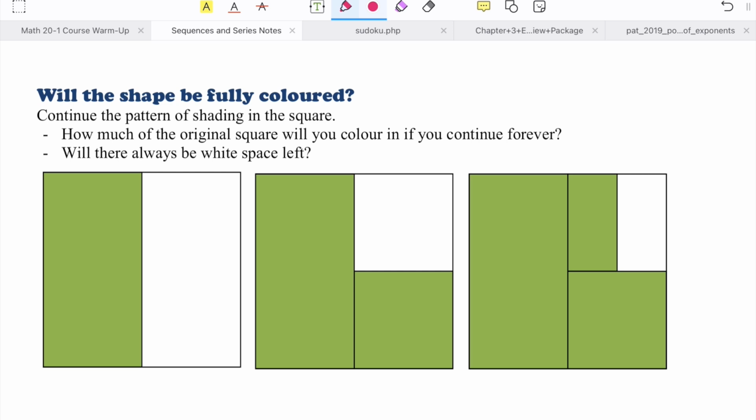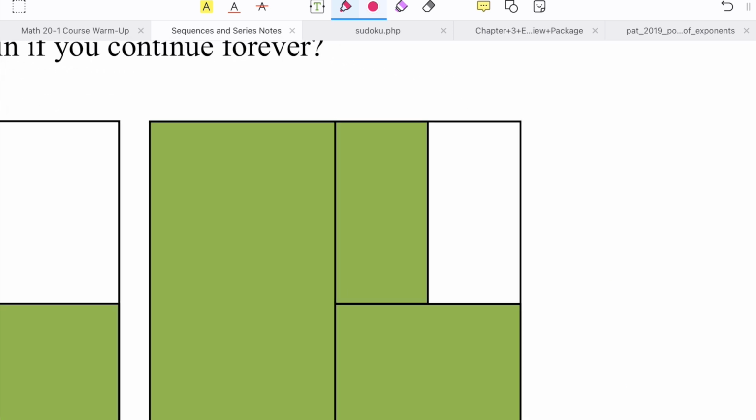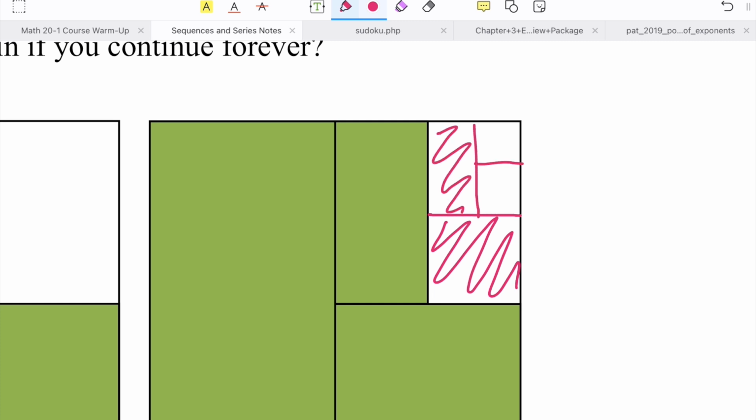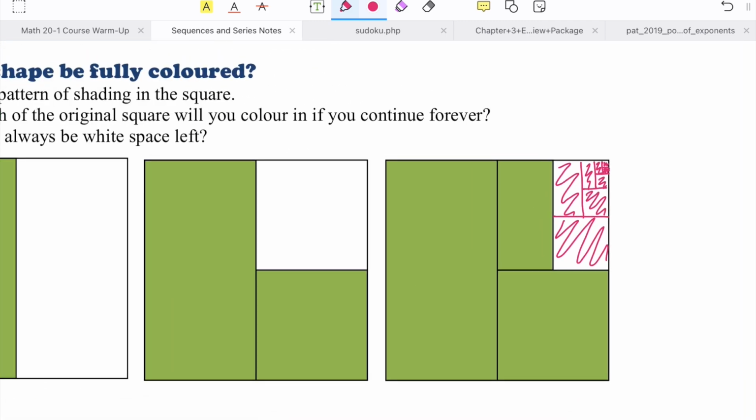So if you were to look at the shape and see if it will ever be fully colored, you can split it in half, color that part, split it in half again, color that part, and keep splitting, and eventually everything will be colored.